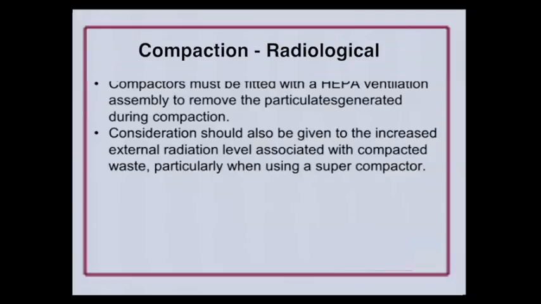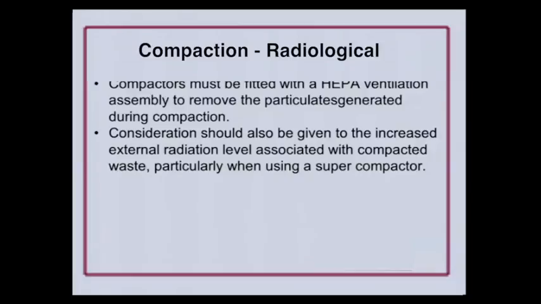You need to also consider that you're compressing this radioactive material into a smaller space. You're increasing the specific activity. And as you increase that specific activity, you're going to increase dose rates. And so in that act of compacting, you may be actually generating a dose rate issue. And so that's why RP needs to be very involved in it, monitoring the whole process for dose rates and for airborne.